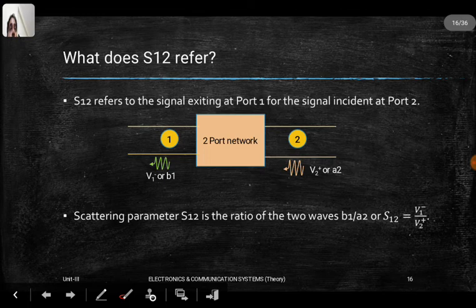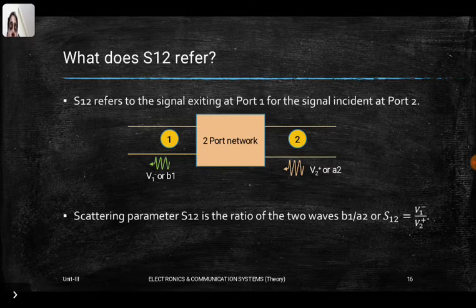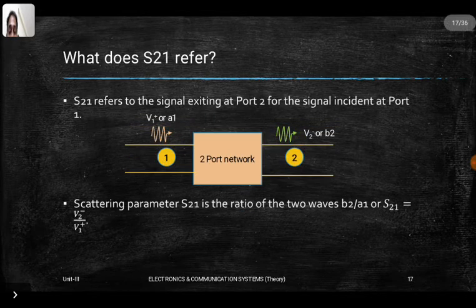And if you see what S12 is, the first number always tells me the output and the second number tells me where the input is. So what is the output at the first port? That is the reflected signal at the first port. Reflected is minus and the first port is V1. So V1 minus, reflected, divided by the incident voltage from the second port: V1 minus divided by V2 plus.